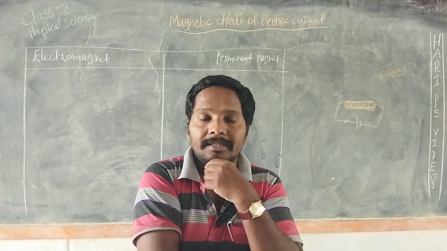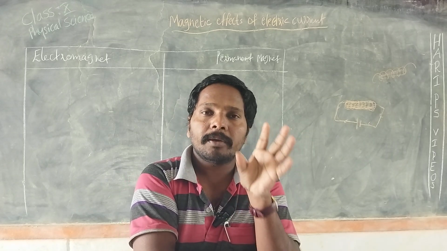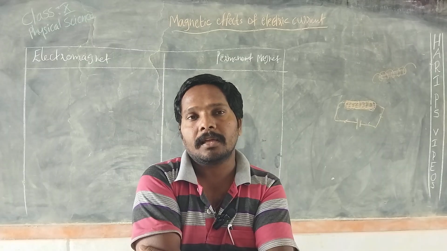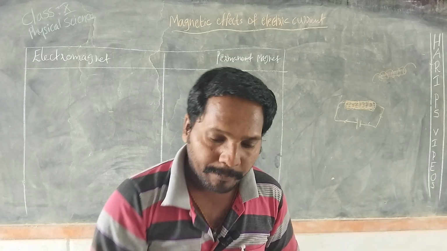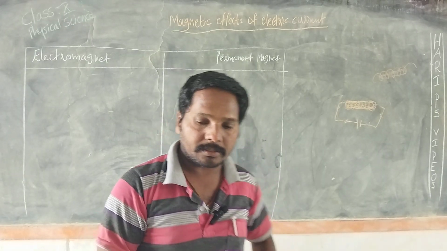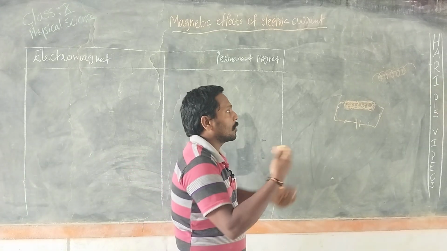Now the strength of the electromagnet depends on three factors. First, the number of turns in the coil.